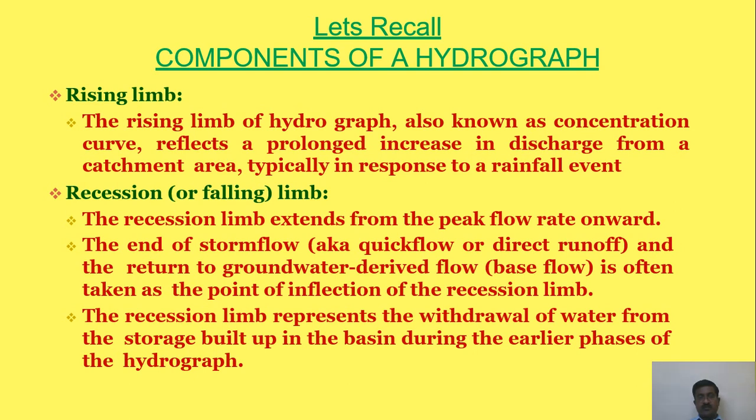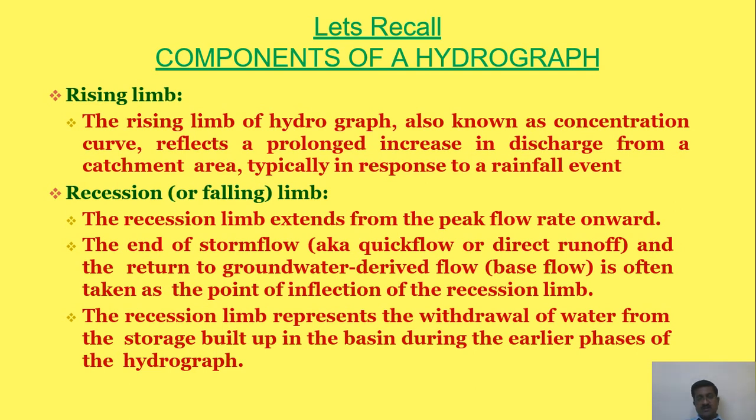Recession or falling limb, that we have also seen. The recession limb extends from the peak flow rate onward. The end of storm flow, or you can say quick flow, direct runoff, and the return to the ground flow, derived flow, which is called the base flow, is often taken as the point of inflection of the rising limb.